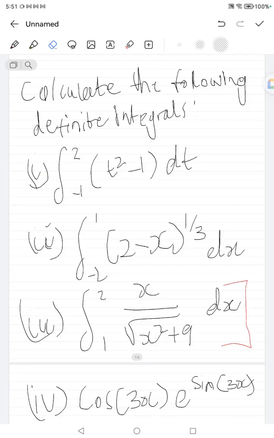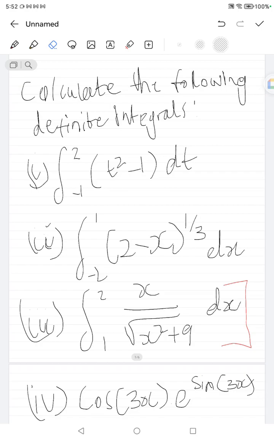So the rule says if you're going to use the U substitution, you basically look for an area or a region where, if you replace it with a U, that region is just going to give you a clear derivative.